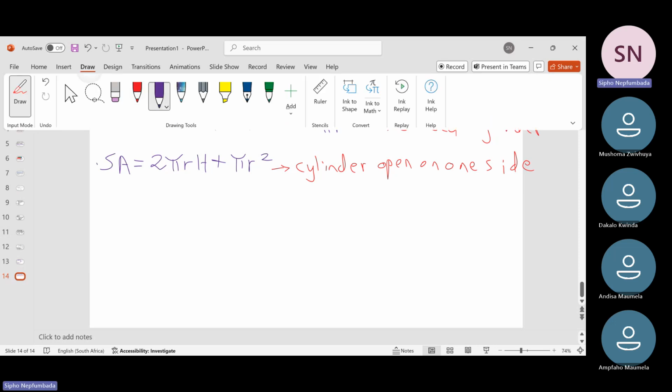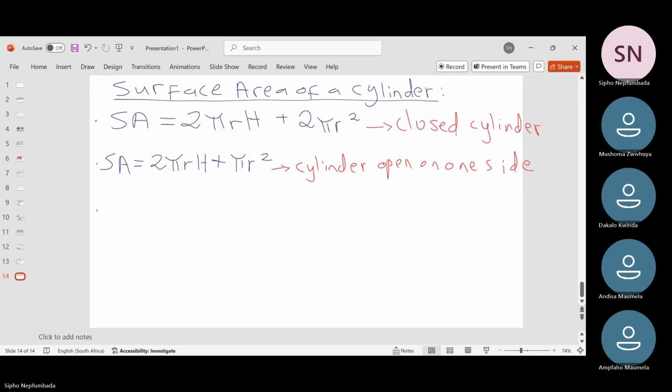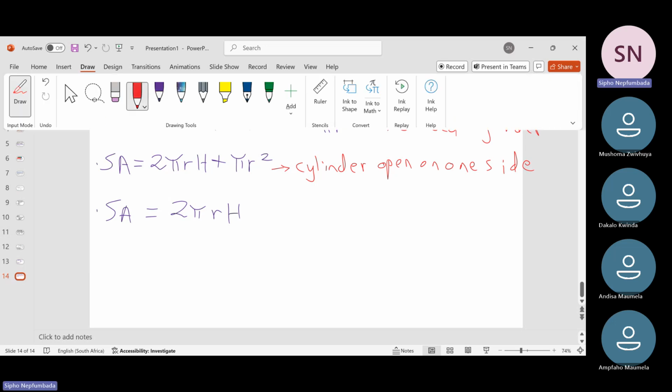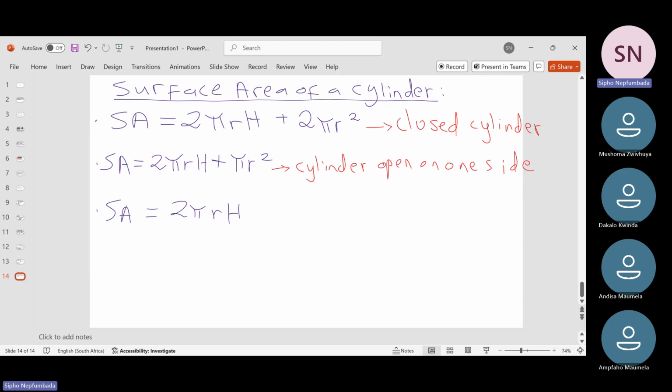And we have surface area equal to 2 pi RH. This work is for grade 8. You learn about this in grade 8. This is the cylinder. If you take a grade 8 book, you will find those formulas.